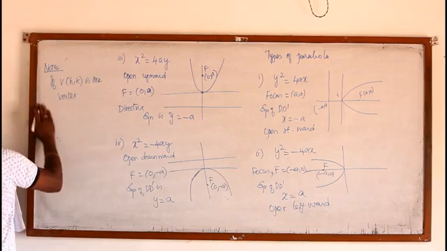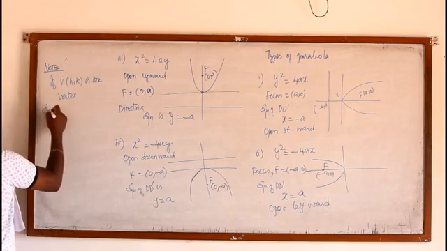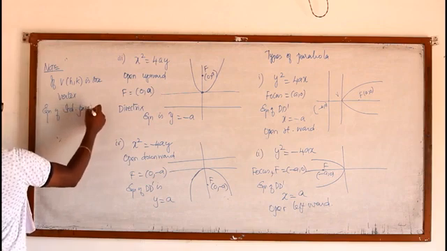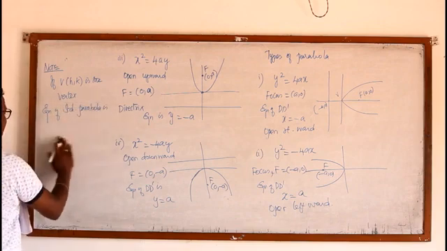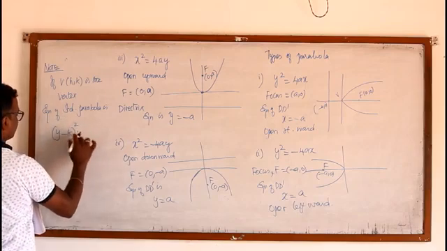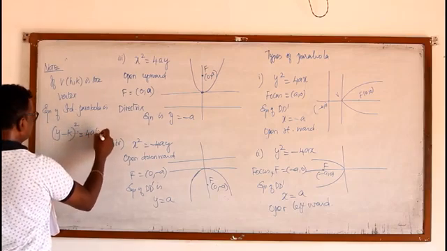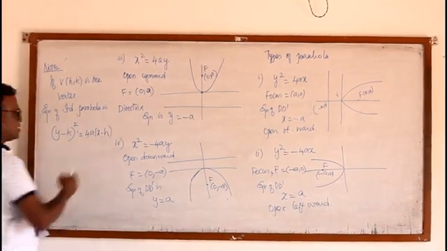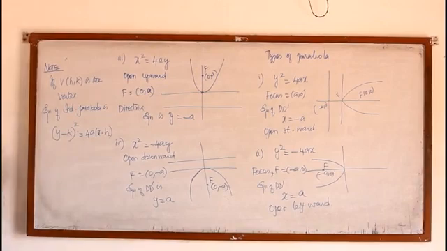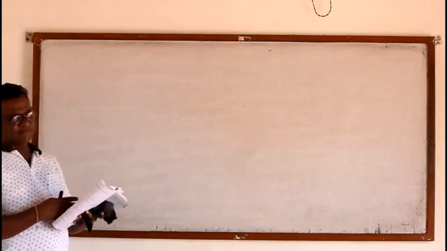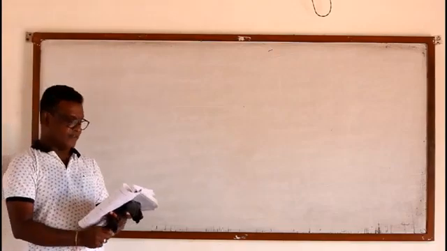Then the equation of the standard parabola becomes, instead of y square, y minus k the whole square equal to 4a into x minus h. With these ideas, we shall go for the problems. We shall do all the examples and exercises on parabola first.